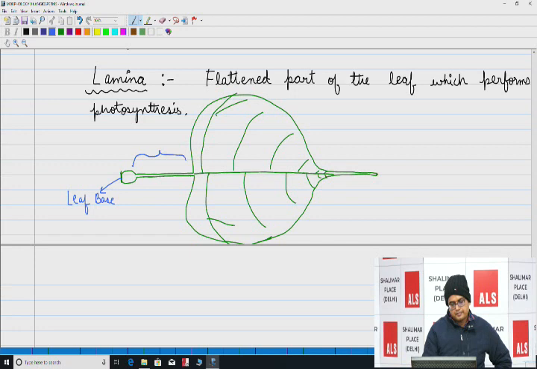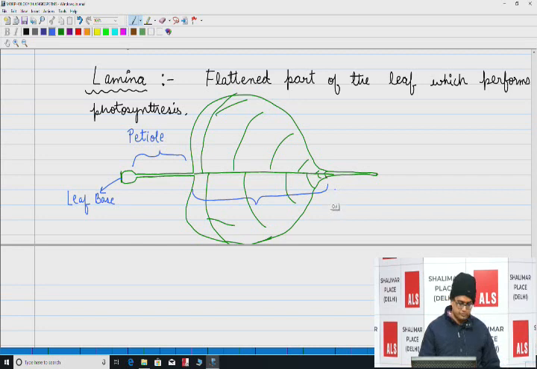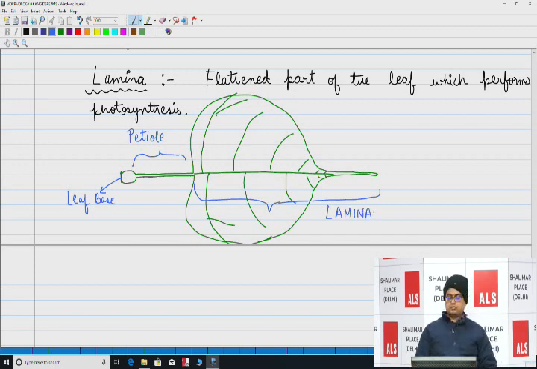This central part is the leaf petiole. The rest of the part remaining is the leaf lamina. So basically these are the parts of the leaf.